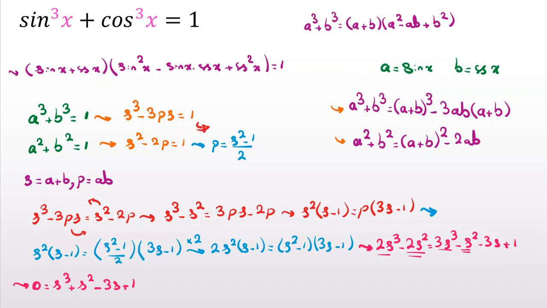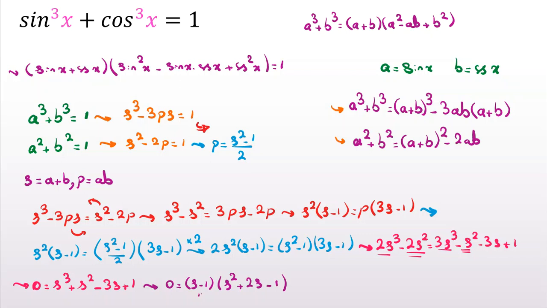Because the degree is 3, we try to find at least one answer. If we check s equal 1, it works. So if we replace s with 1, it will be 0, so we can factorize s minus 1. We want to create s cubed, so s squared. s cubed minus s squared, then we place 2s, 2s squared minus 2s, then we place negative 1, minus 3s plus 1.